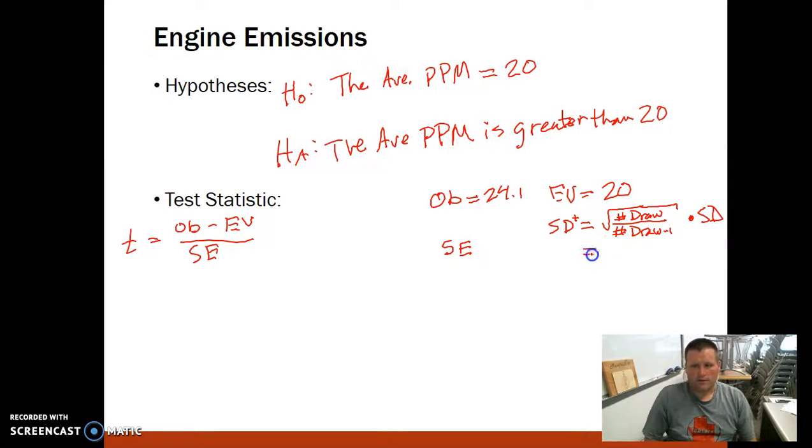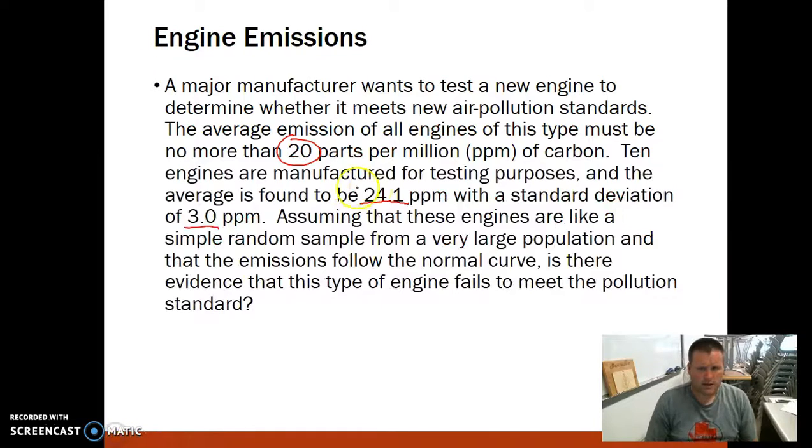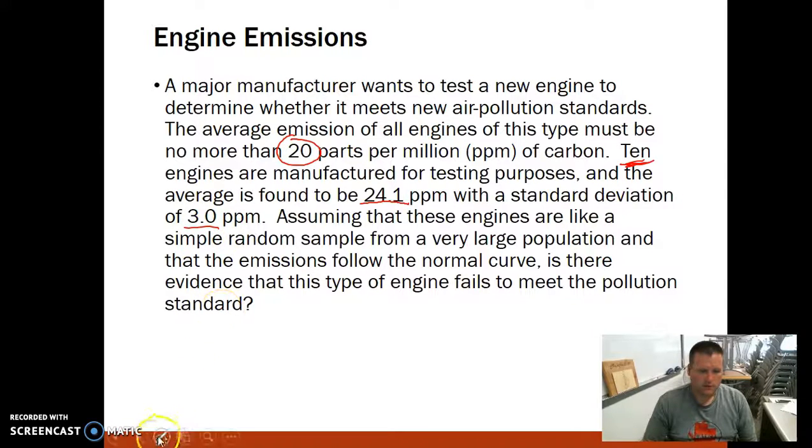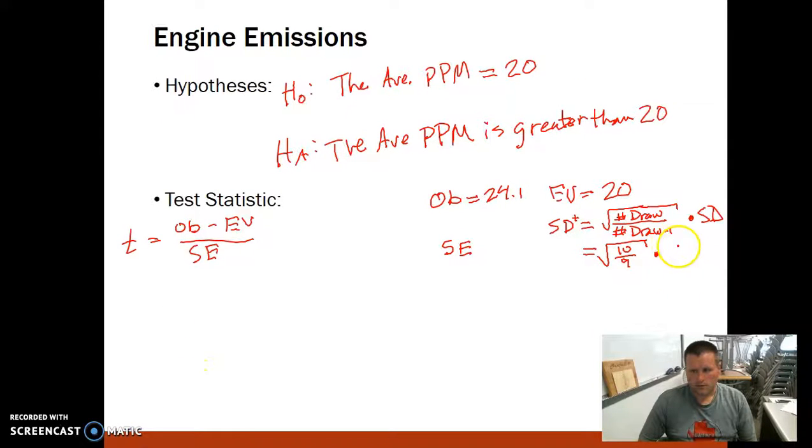In this case, our sample size was 10, and so our number of draws is 10. So this will be the square root of 10 over 10 minus 1, which is 9, times our standard deviation. Standard deviation was 3. And when you do that, you get 3.16.